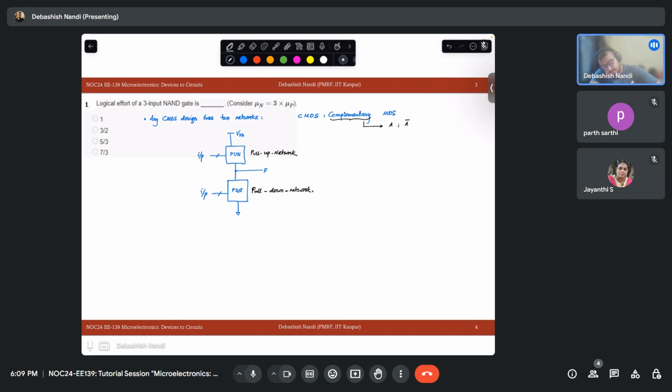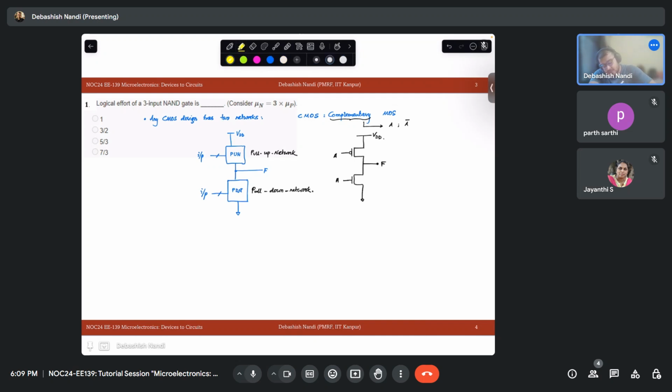What is the simplest CMOS circuit? You know that it is the inverter, right? So this is how my inverter should look like. F is the output and this is VDD.